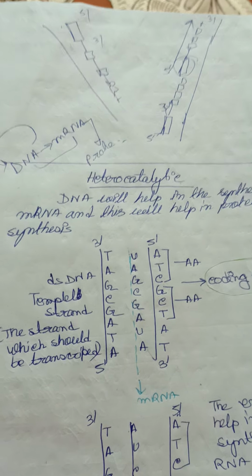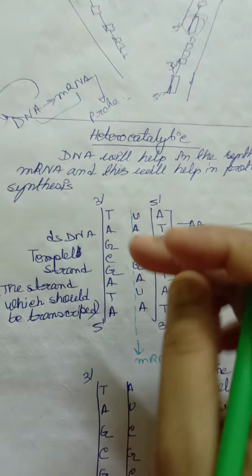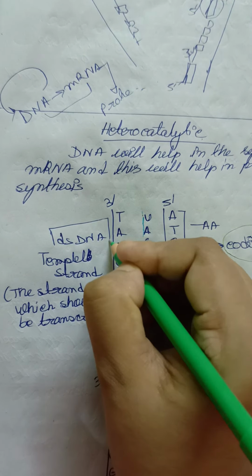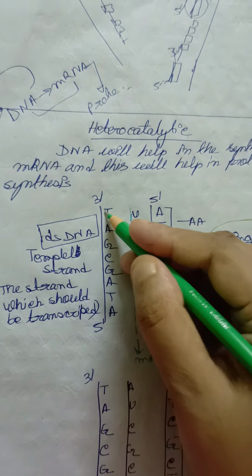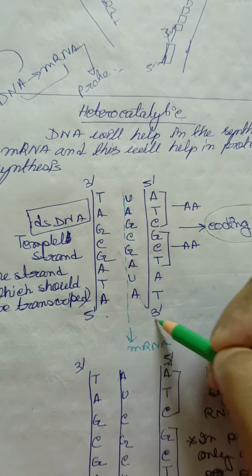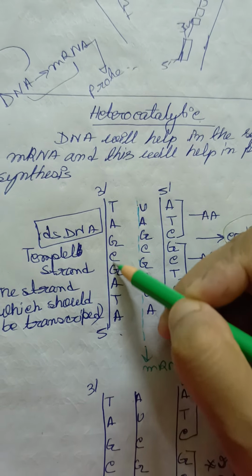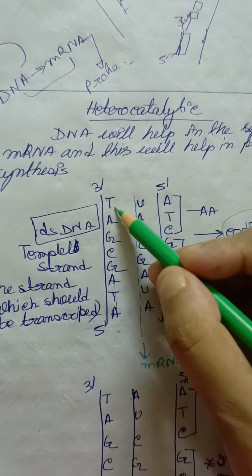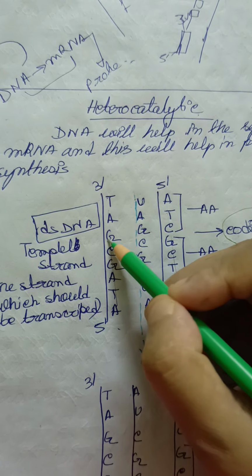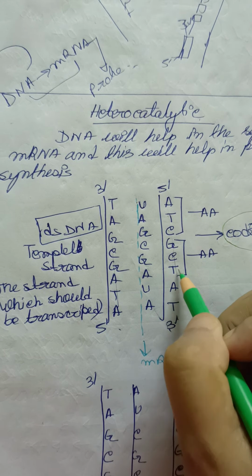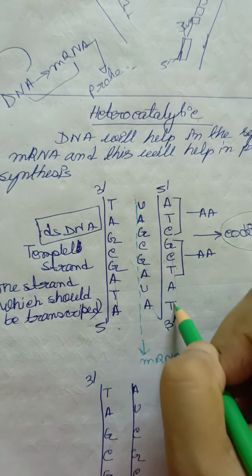So for these things, first we have to learn something fast. Suppose this is the double strand DNA, 3' to 5' end, and obviously this is antiparallel, so this will be 5' to 3' end. Suppose here are some codes I have written here, opposite codes I have written here, T A A T G C C G G C A T T A A T, right?